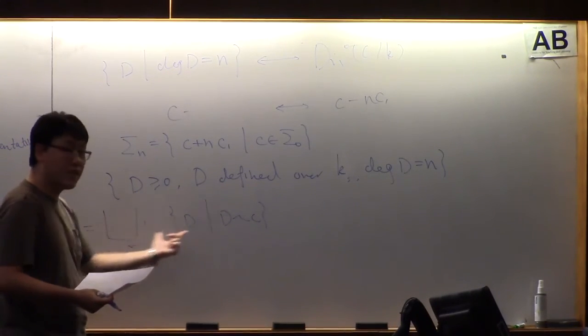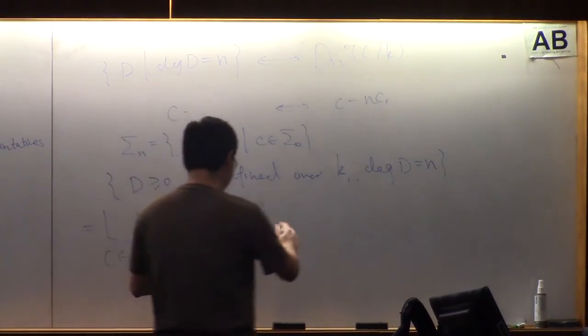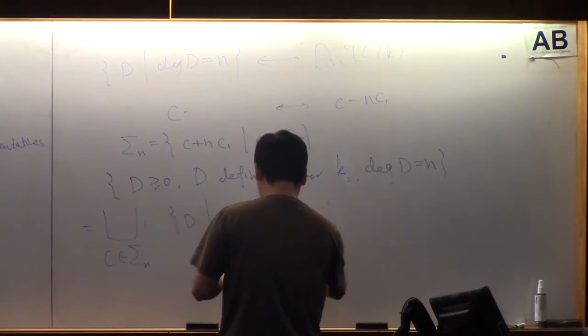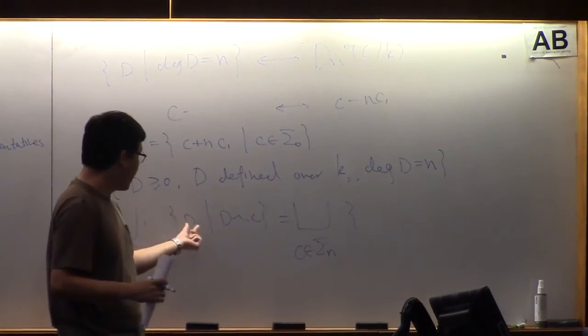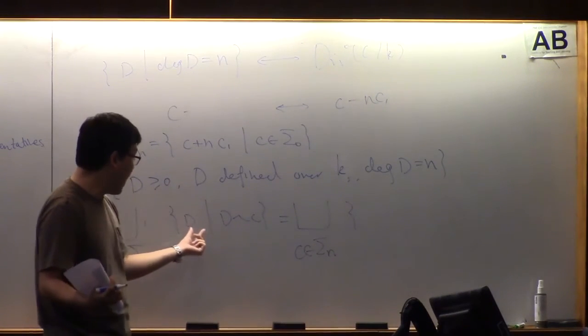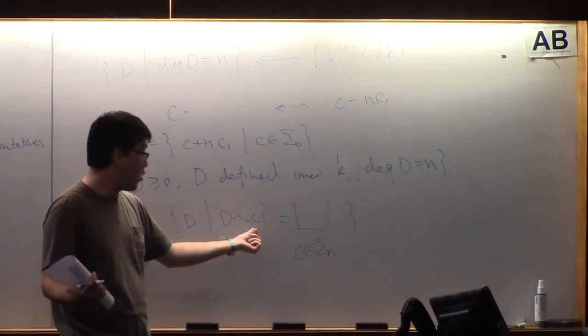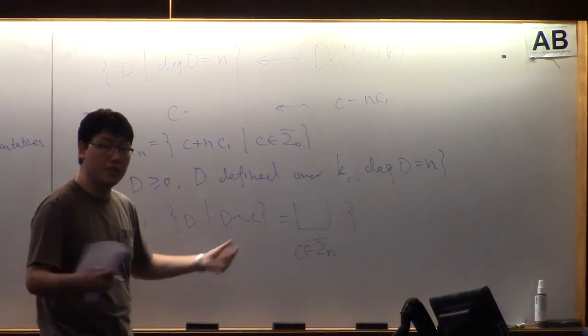But what does this set mean? This set means that here you get all the effective divisors which are linearly equivalent to a given divisor.